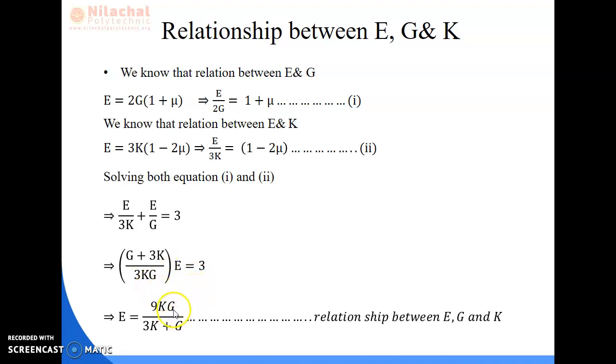That is, 9KG by 3K plus G is equal to E. So the relationship between E, G and K is given as 9KG by 3K plus G. In this way, we consider that E is equal to 3K into 1 minus 2 mu and another is E is equal to 2G into 1 plus mu. Solving these two equations, we get the E, G, K relationship as E is equal to 9KG by 3K plus G.